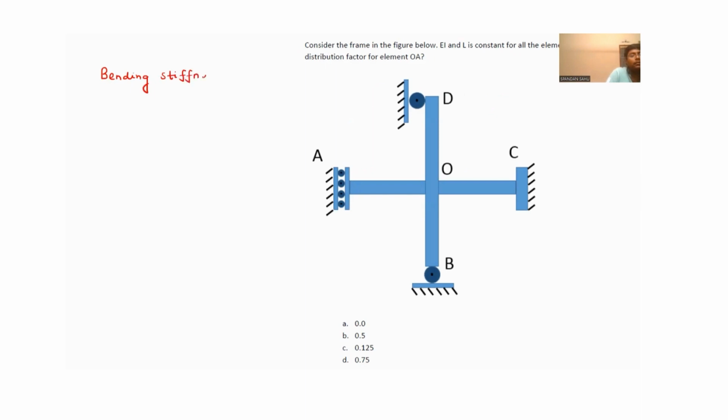KOA is EI upon L. Tell me the value of KOA. 4, 3, 7, 3, 2, 1, 11. So 1 by 11.